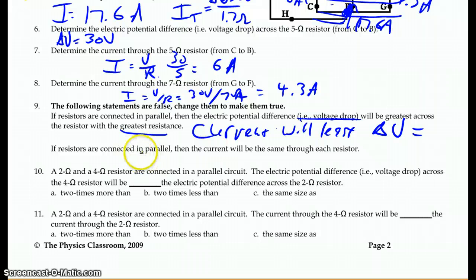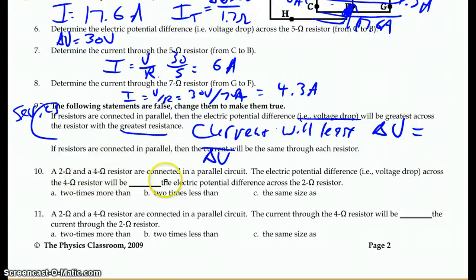And then again, in parallel, it's not the current that's going to be the same, it's the delta V, it's the potential difference that's the same. In series, it's the current that's all the same, and then the resistor with greater resistance will have the larger voltage drop. So these true statements would be true if we were talking about series, but they're exactly the opposite in parallel.